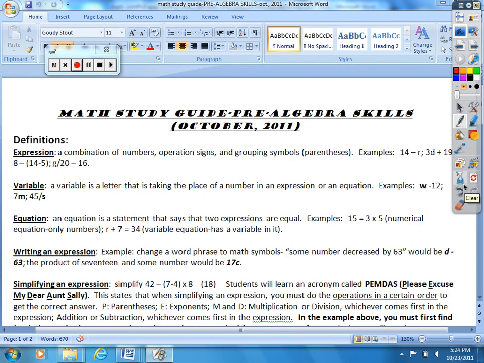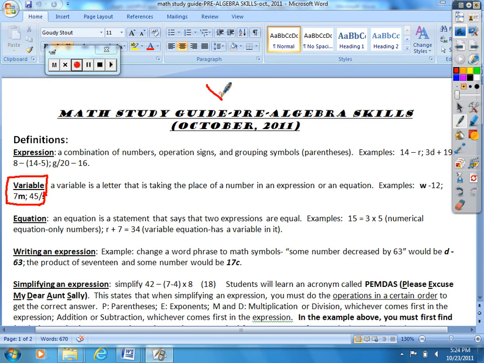All right, next definition, what is a variable? When we hear the weather report, they talk about variable cloudiness. A variable in math is a symbol, and usually it's a letter that takes the place of a number in an expression or an equation. Now the reason that's used is because sometimes you don't know what that number is until you actually work your problem.